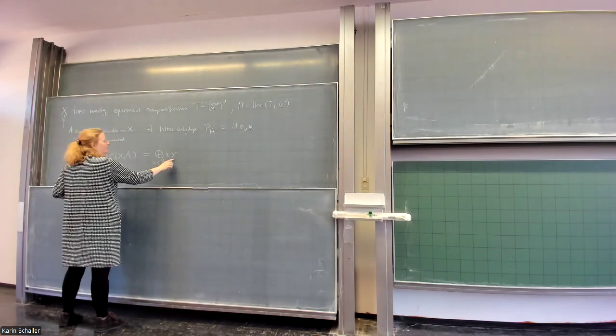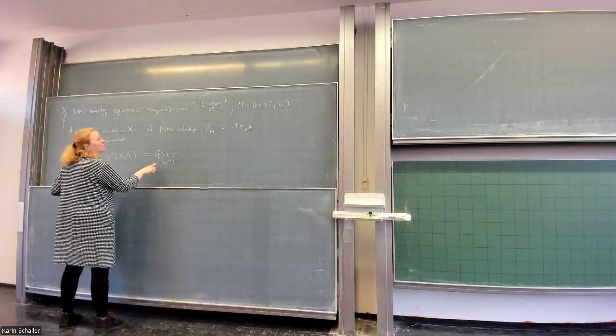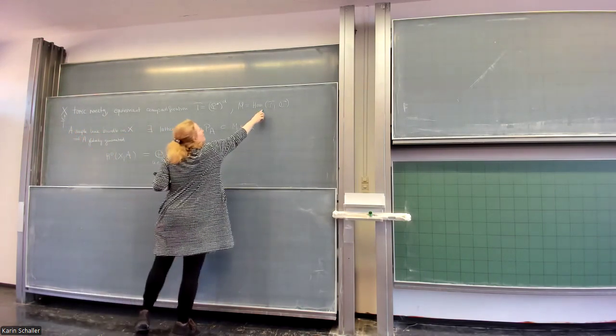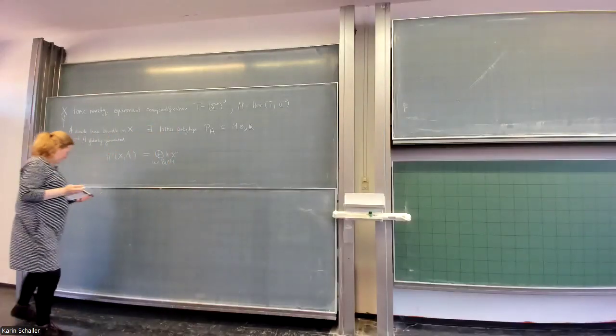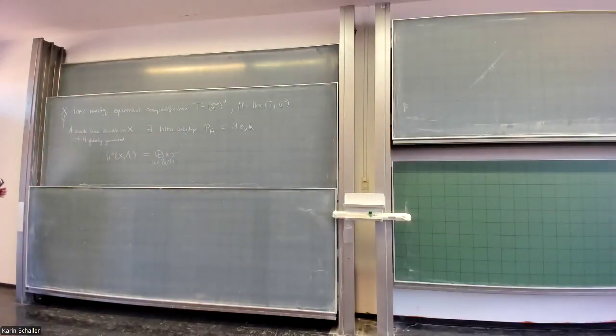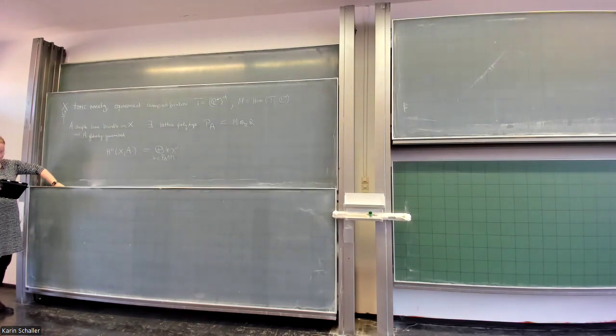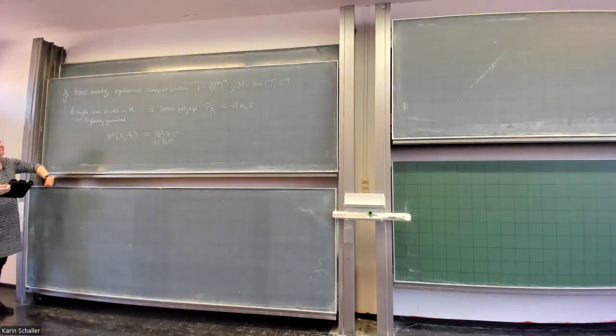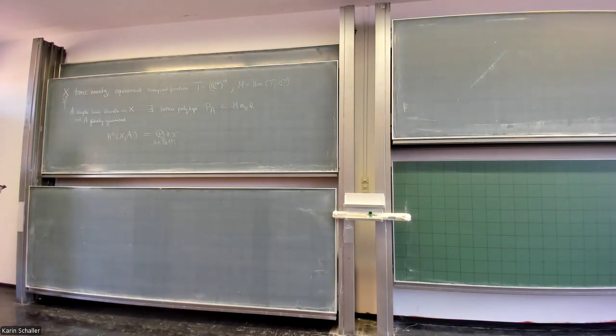So this is a character corresponding to u, and that corresponds to a character. Okay. So it's a fact that a toric variety has finitely many torus invariant prime divisors.